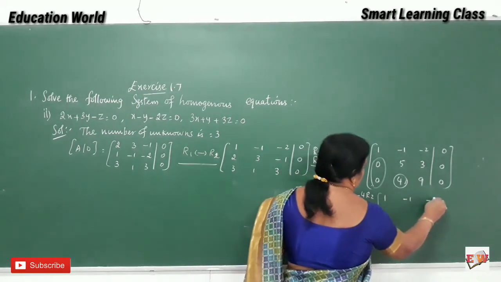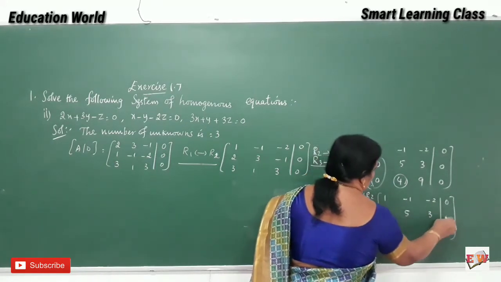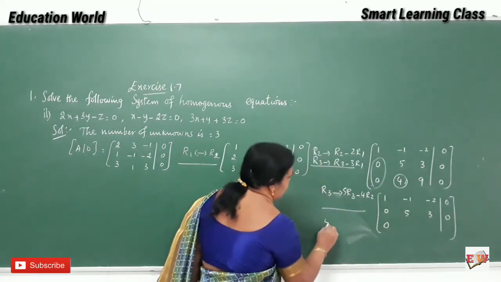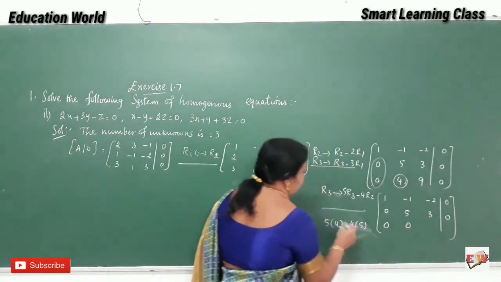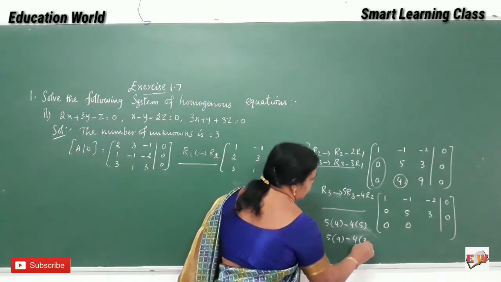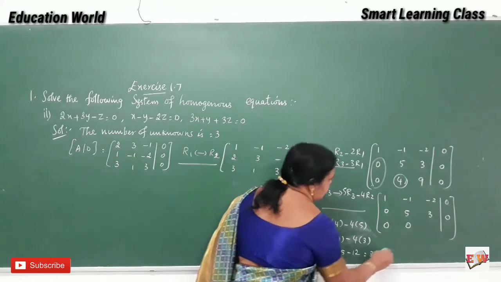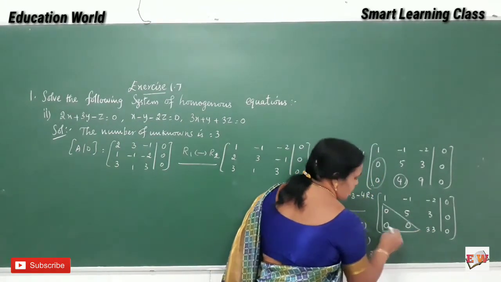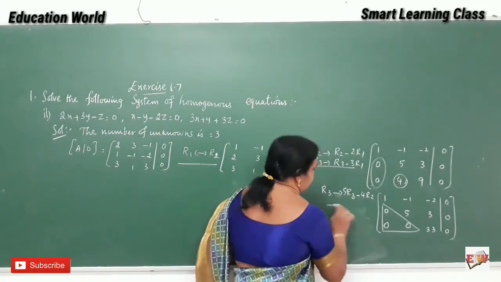The rows 1, minus 1, minus 2, 0 and 0, 5, 3, 0 stay. Now transform the third row: 5 into 4 minus 4 into 5 will become 0. 5 into 9 minus 4 into 3: 45 minus 12, 33 is coming, equal to 0. So we brought the augmented matrix into row echelon form.